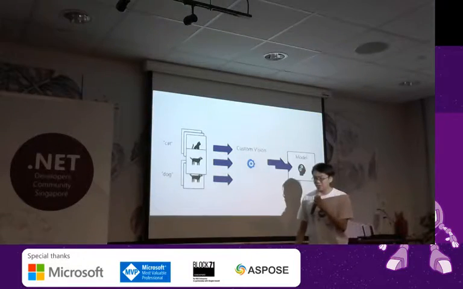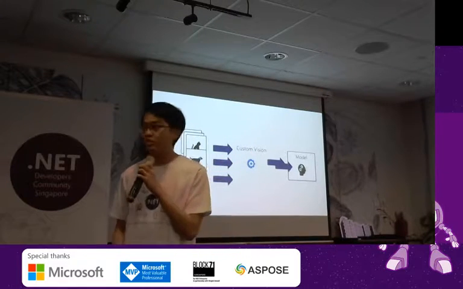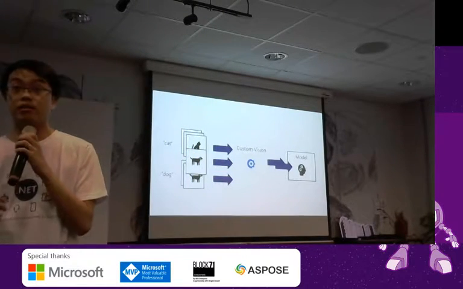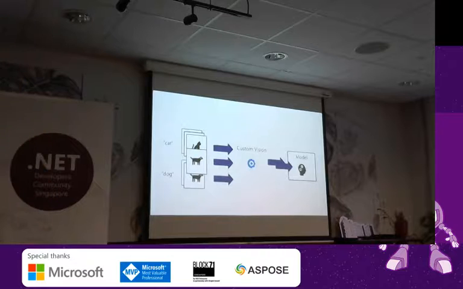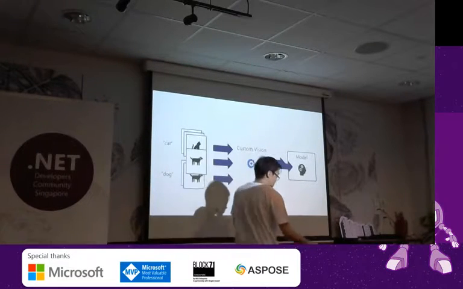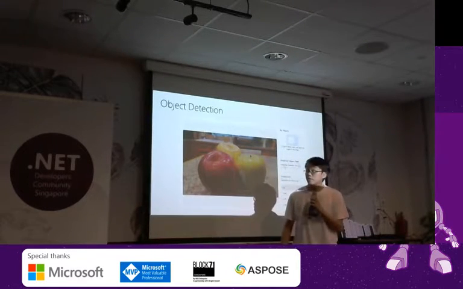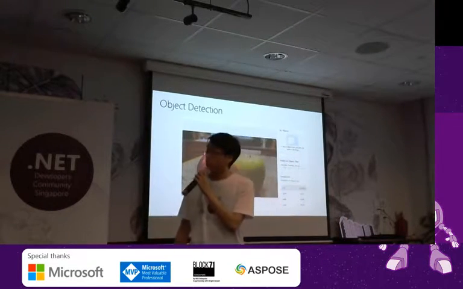Custom vision also allows you to do classification and object detection, which are the two main things of a vision AI model. This is one of the things custom vision can do, object detection.